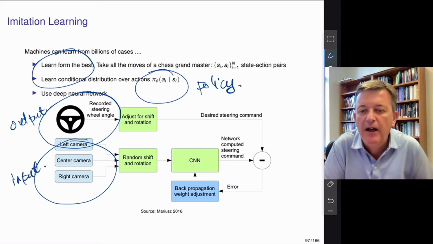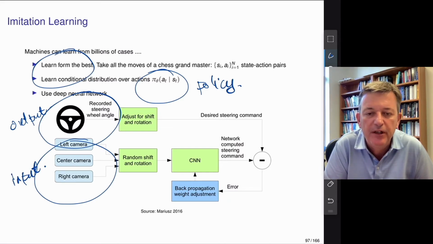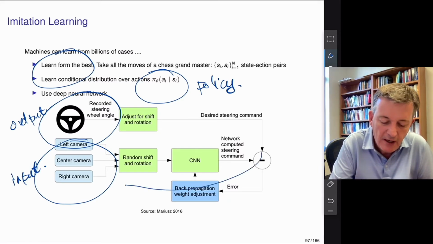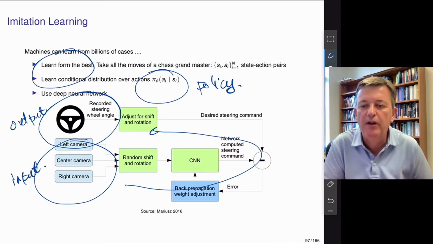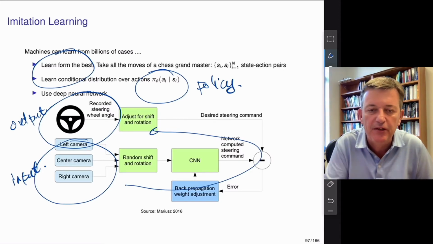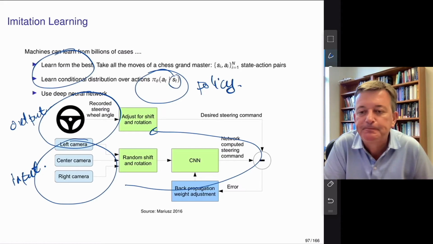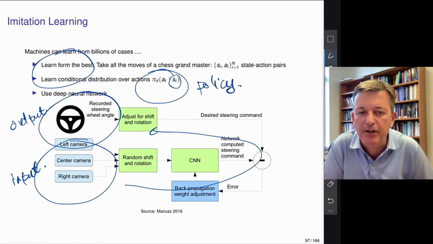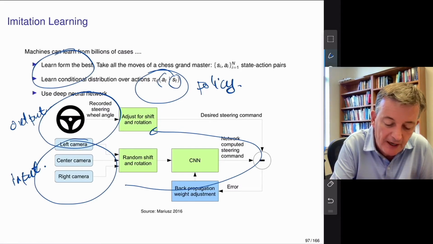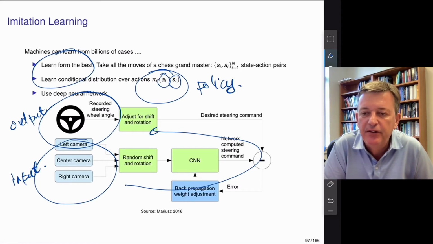You've got some form of video or sensor input, and it's going to go through one of these deep neural networks to decide what your optimum policy is. So given what state of the system you think you're in, and again, that can be a very high dimensional space, what's your optimum action? So if you think someone's running in front of your car, you clearly want to stop the car quickly.